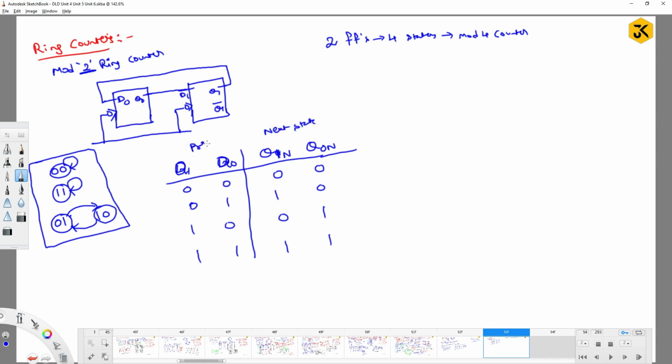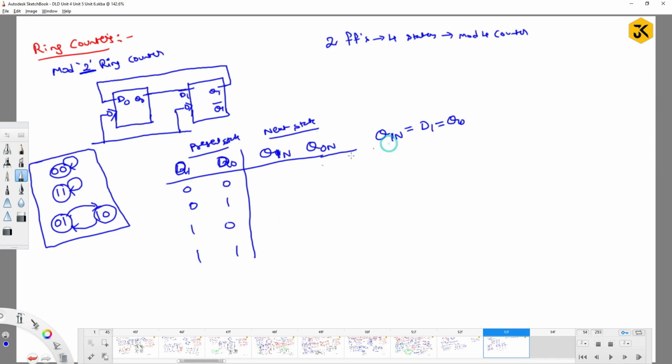These are the present states. But you should not write this directly, right? You have to go through the equation generation, as we did earlier. If you want the Q1 next value, Q1 next value is determined by D1. The D1 value is determined by Q0.